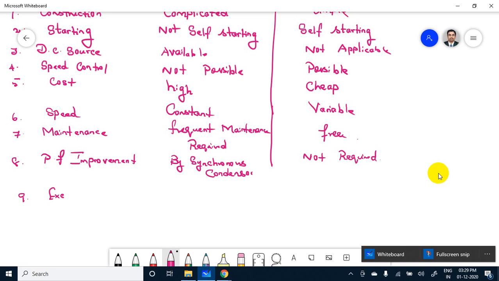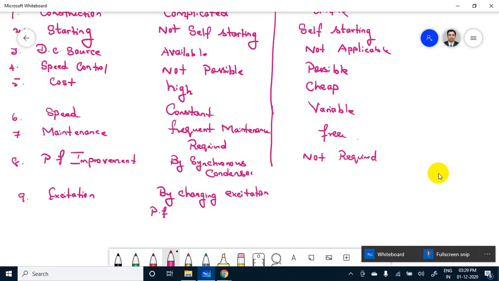And ninth point, excitation. By changing the excitation, the motor power factor can be changed from lagging to leading.